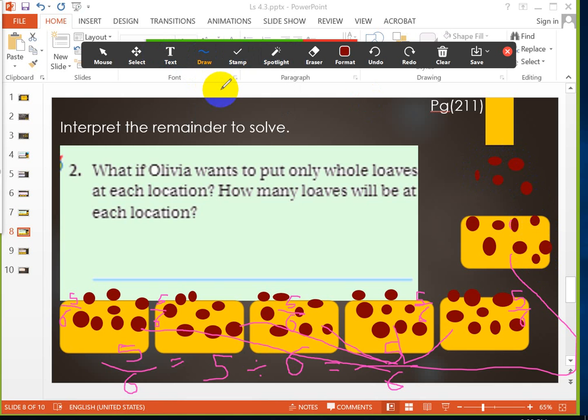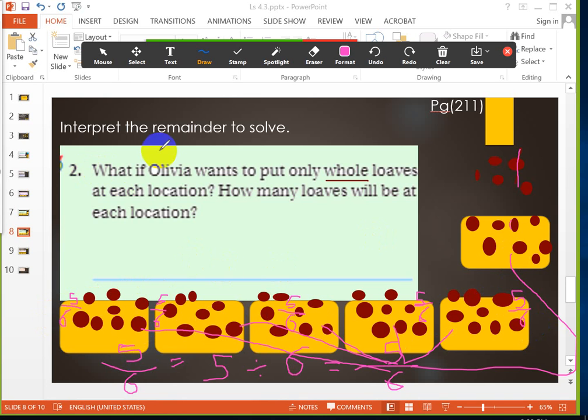Okay, girls. Now, what if Olivia wants to put only whole loaves? What does that mean? Look, the remainder, which is 5, I cut it, you remember? I cut it like this and divided it equally between the locations.